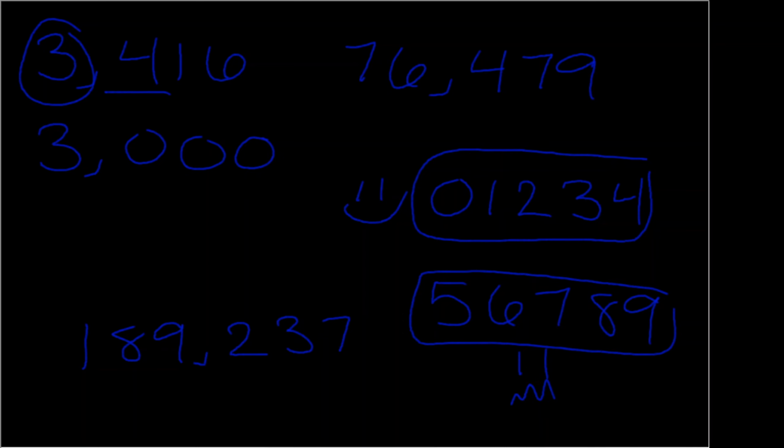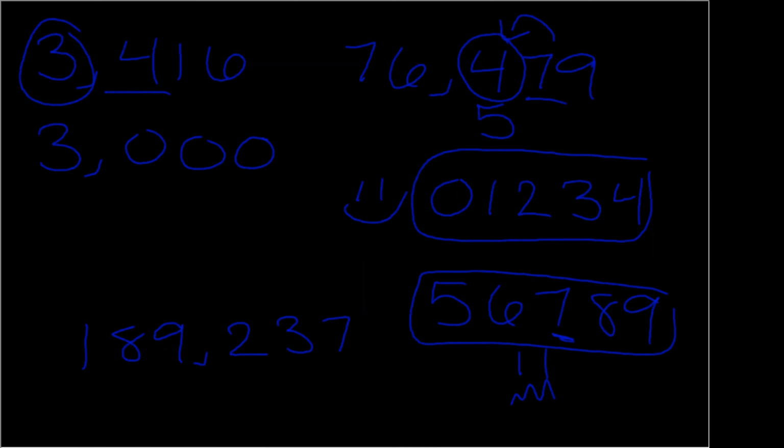Now let's say I have 76,479 and I want to round to the nearest hundreds. So I circle that 4 and I underline the 7. My 7 is what's considered a mean, pushy boss. So the 7 tells my 4 that it needs to step it up and go to a 5.